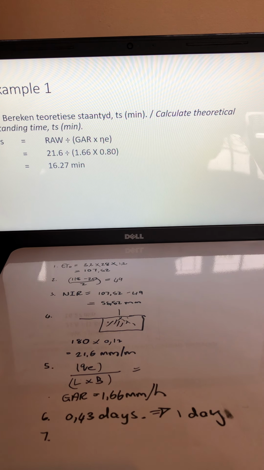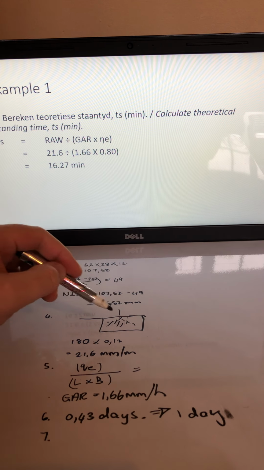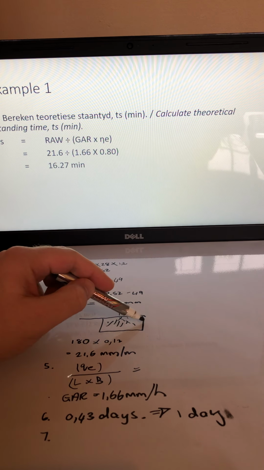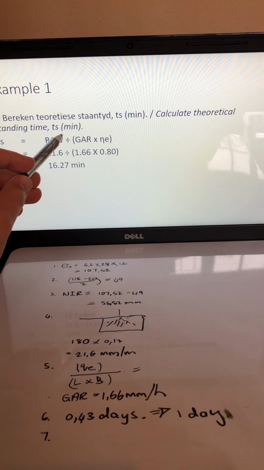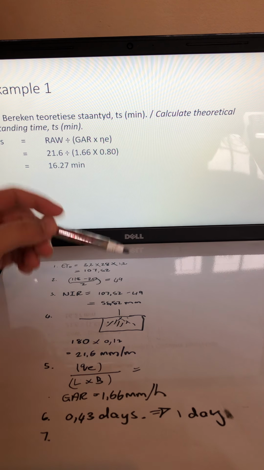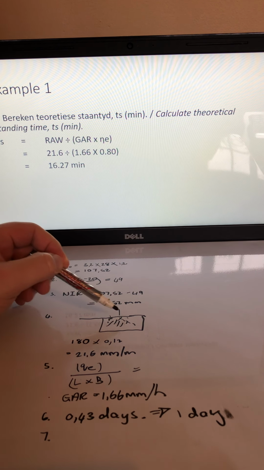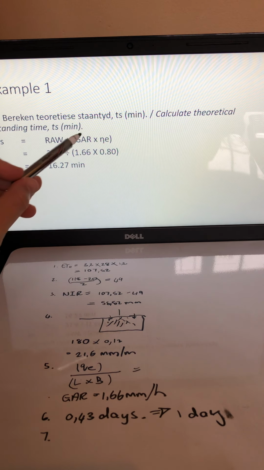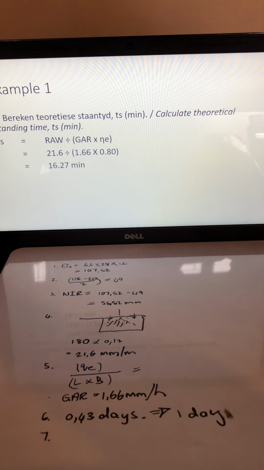And so that is the readily available water, in other words this area around the roots, divided by the rate at which water is infiltrating this area, multiplied by the efficiency of the system.